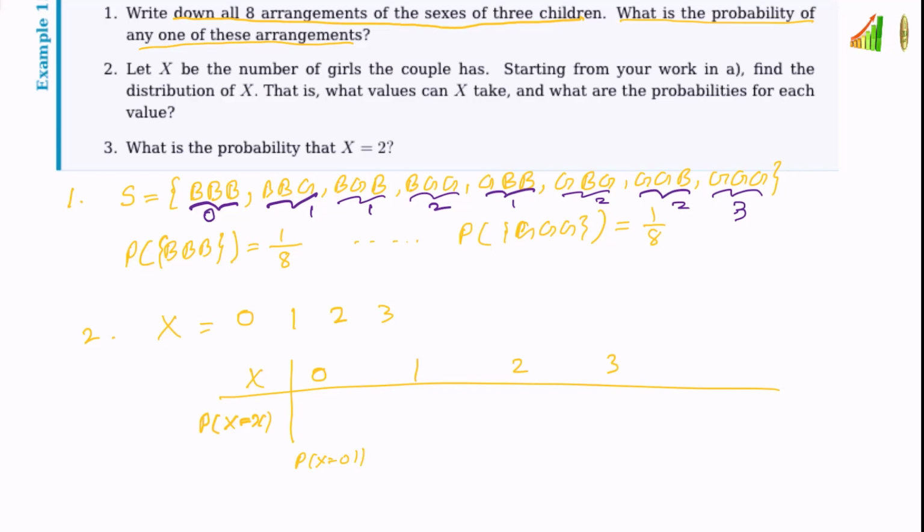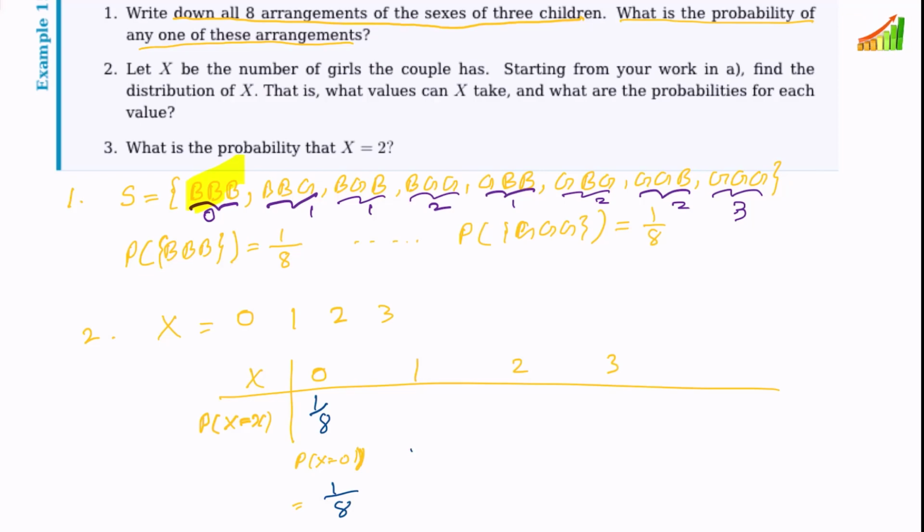How many do we have with x equals 0? No girls, only 1, right? That is B, B, B. So out of 8, we can write 1 out of 8. Probability x equals 0 is 1/8.